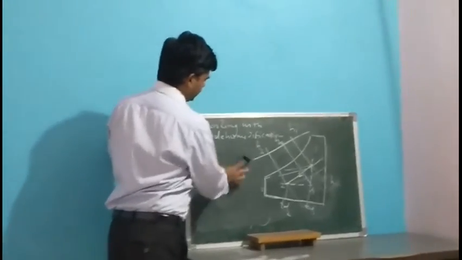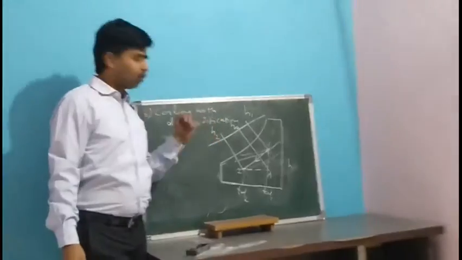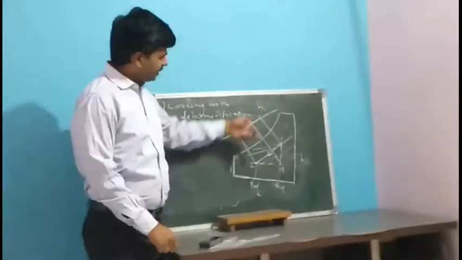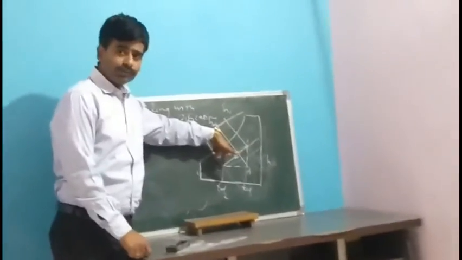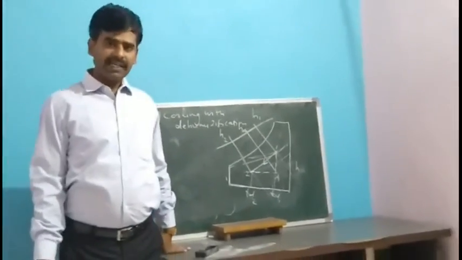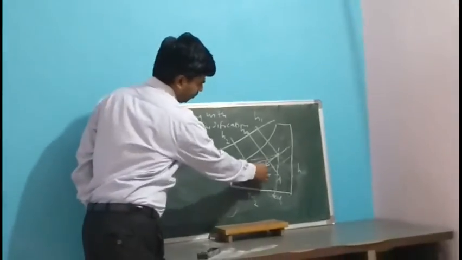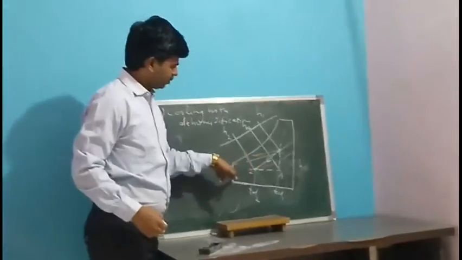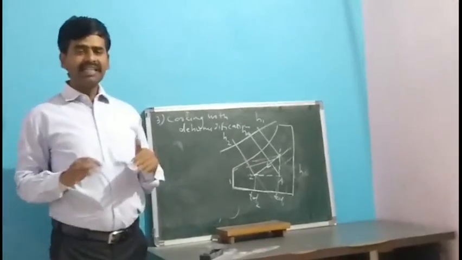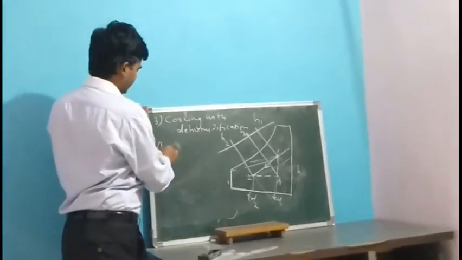In this case we can also determine the capacity of the cooling coil, which is very simple, H1 minus H2 multiplied by the mass flow rate of air. And if you project this line so that it intersects the saturation curve, that point is known as the ADP.